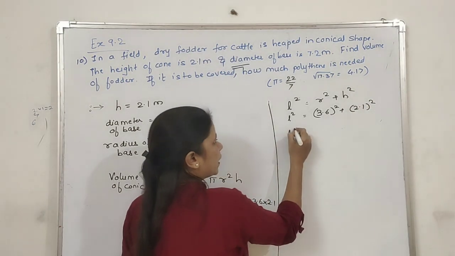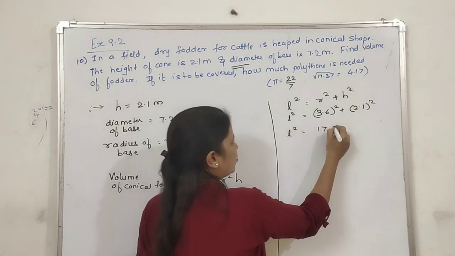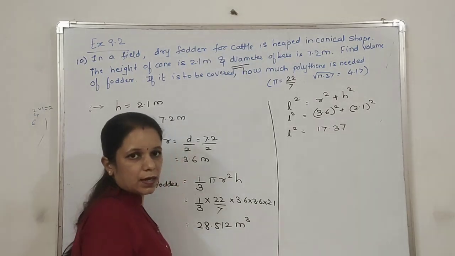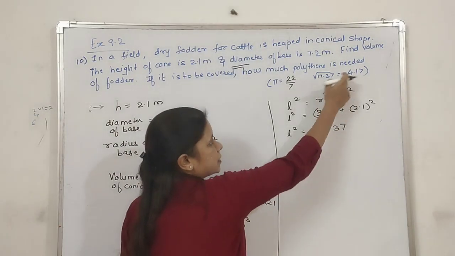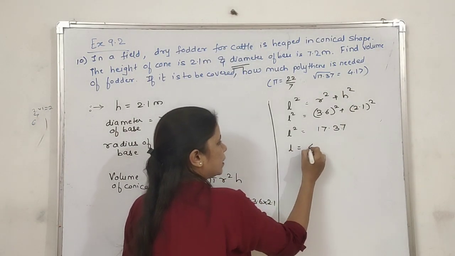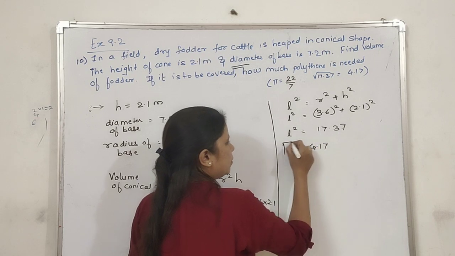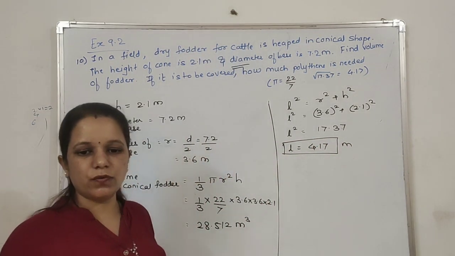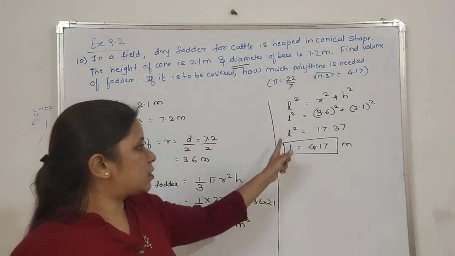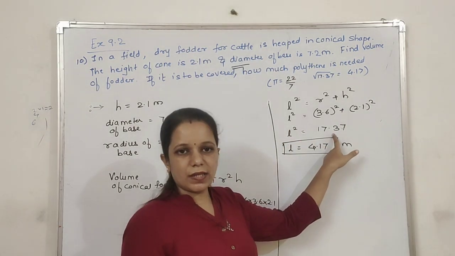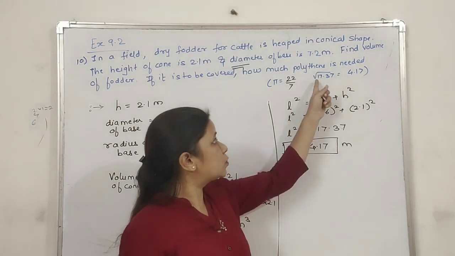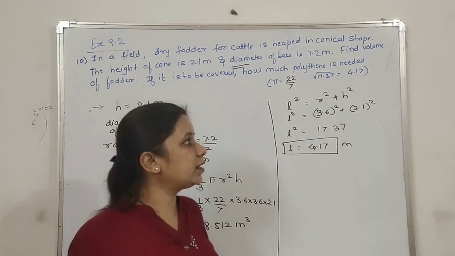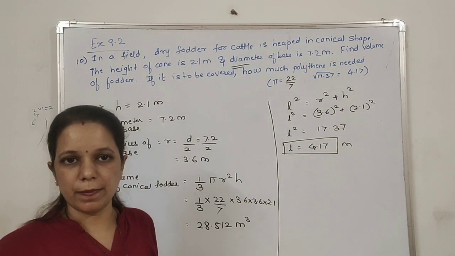So L square will be 17.37 and the root of this is 4.17. So L will be 4.17 meter. Directly you will calculate it. L square is 17.37, so root of 17.37 is 4.17.